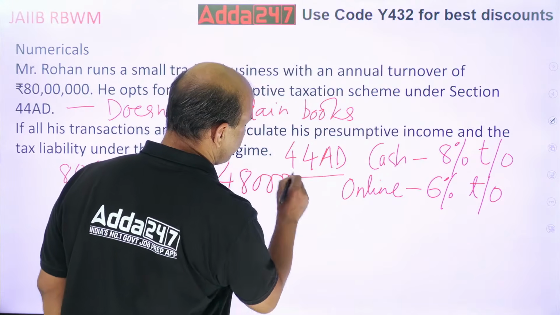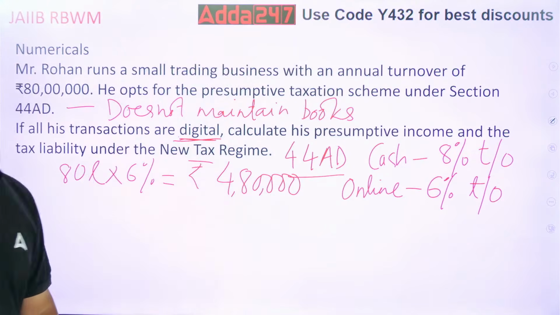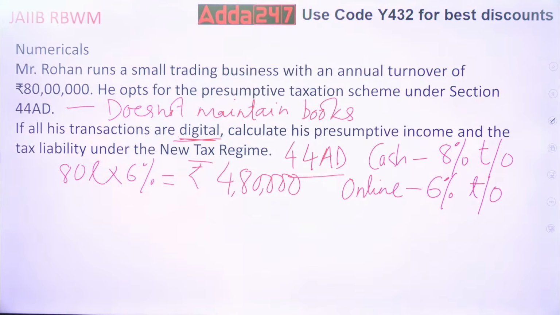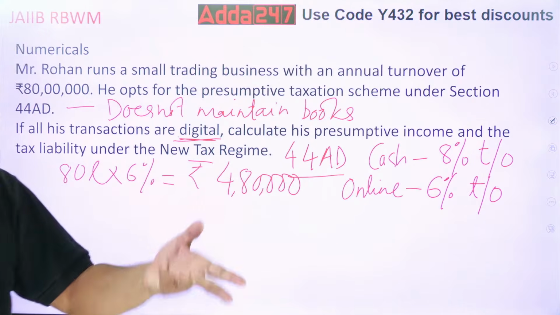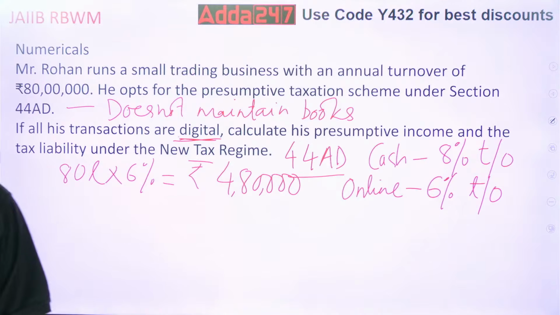4,80,000. This much is my profit. So now what is my tax then? 4,80,000 is my profit. Who can give me the tax amount?